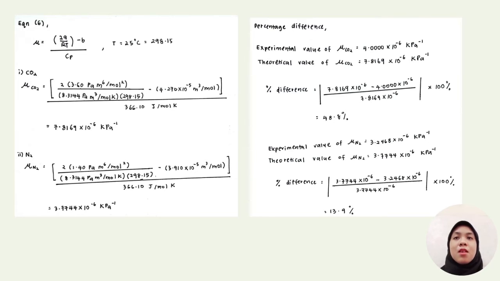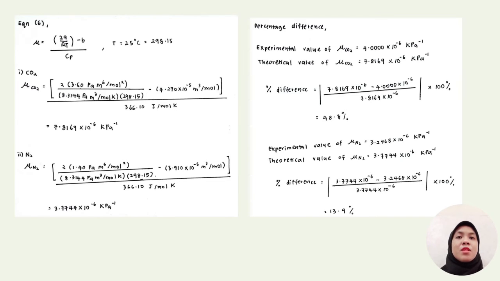Next, I need to substitute the constants given into equation 6 to get the theoretical value of the Joule-Thomson coefficient for carbon dioxide and nitrogen gas at room temperature, and then I compare it with the experimental value from our data.